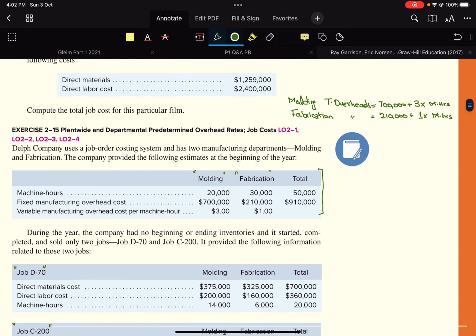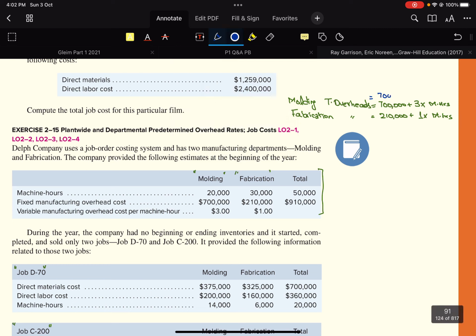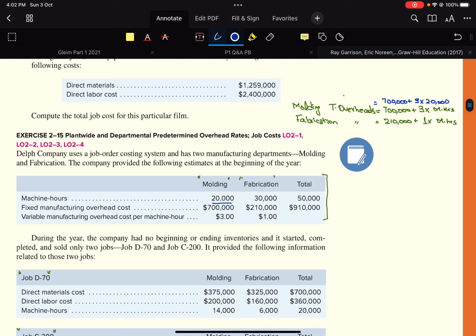In order to find this out, the answer is going to be very simple. For this, 700,000 plus 3 into machine hours of 20,000, so the total is 760,000 for the molding department. For the fabrication department, this is 210,000 plus 1 into machine hours of 30,000, so the total is 240,000.